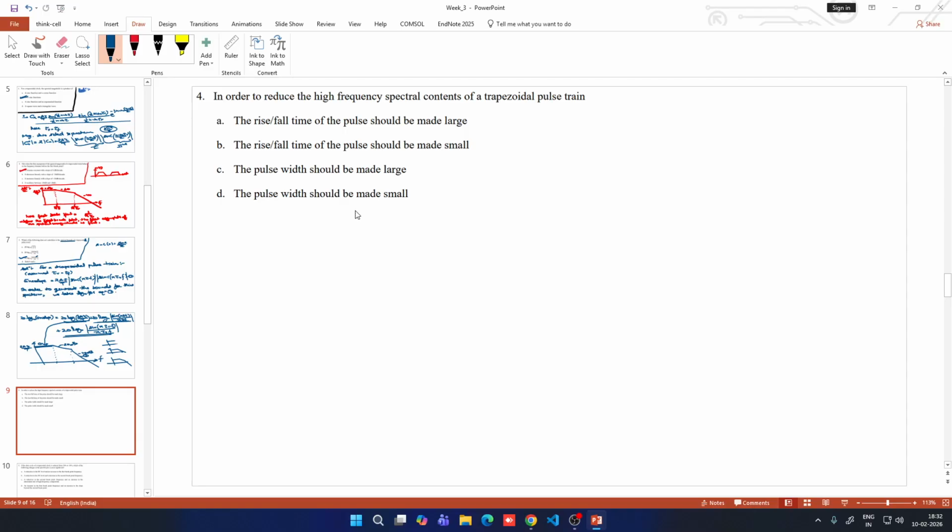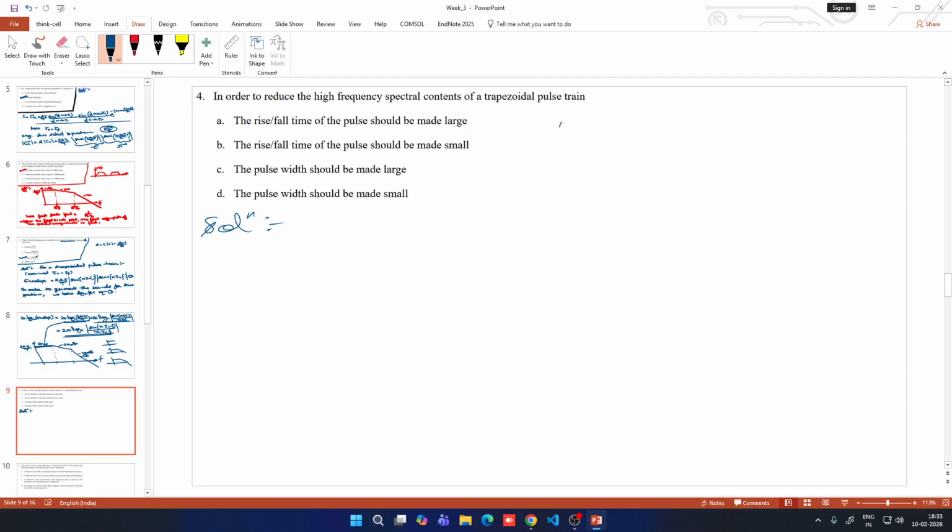The high frequency content of a trapezoidal train is primarily due to the rise and fall time of the pulse, and pulses having small rise and fall times will have larger high frequency spectral content compared to pulses having larger rise and fall times.